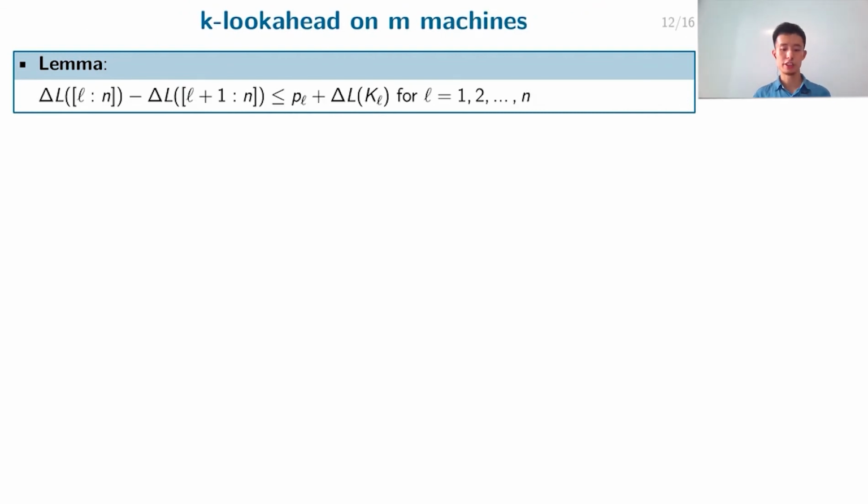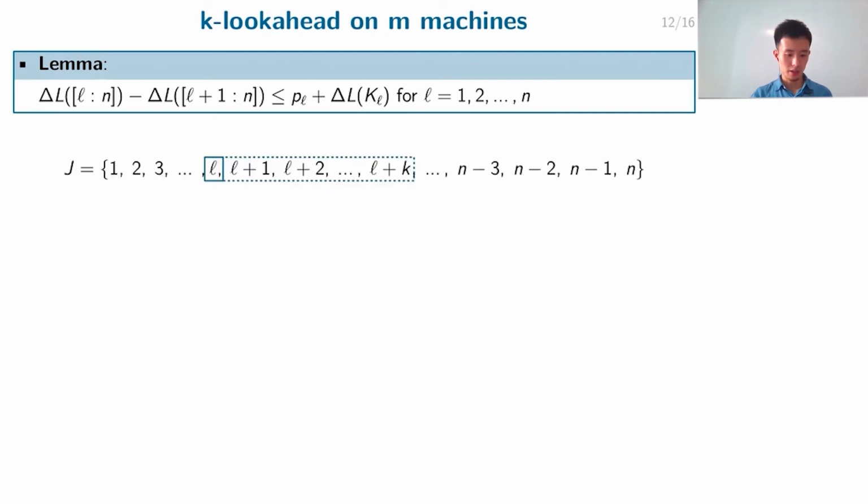Next, we consider the general case, the k look-ahead model on M machines. For this case, we also give a lemma. In this lemma, delta L of k, L to n means the maximum mixed span the jobs L to n can create. So delta L plus 1 to n is the maximum mixed span the jobs from L plus 1 to n can create.